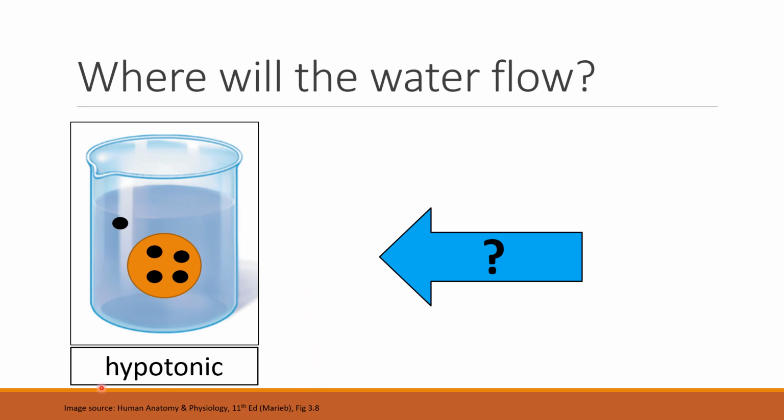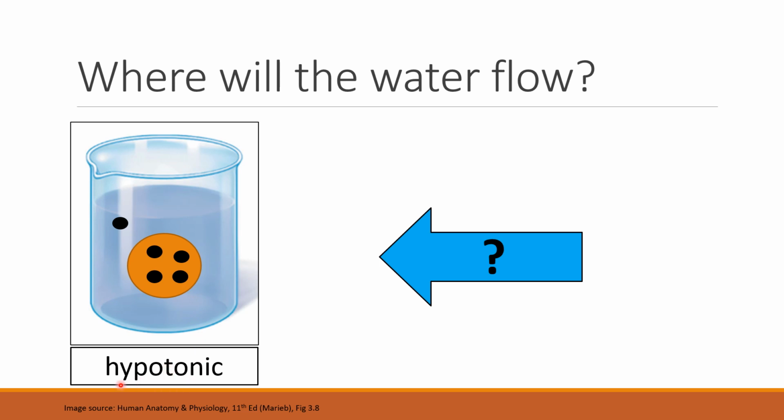And so the term hypotonic is talking about the tonicity of a solution, and that's where we talk about how much of the particle is dissolved in the solution compared to the cell, right?